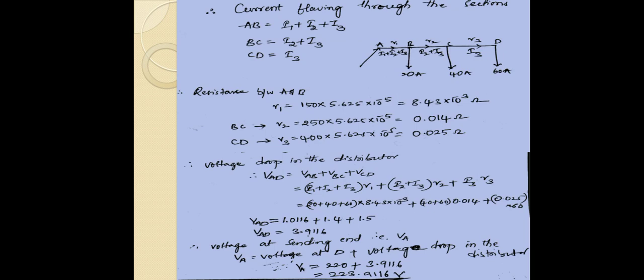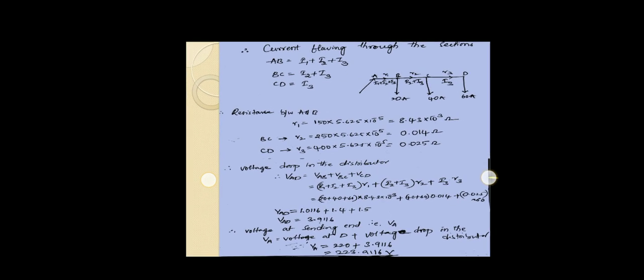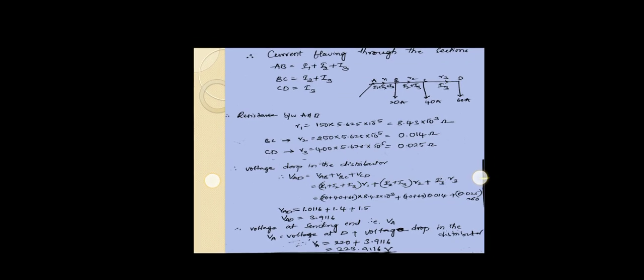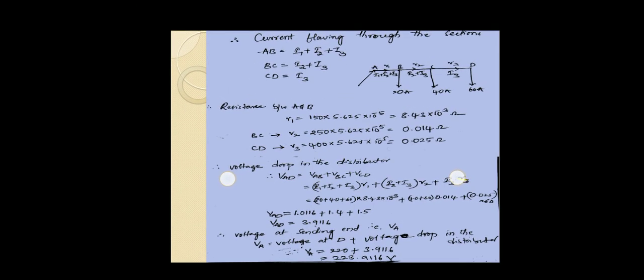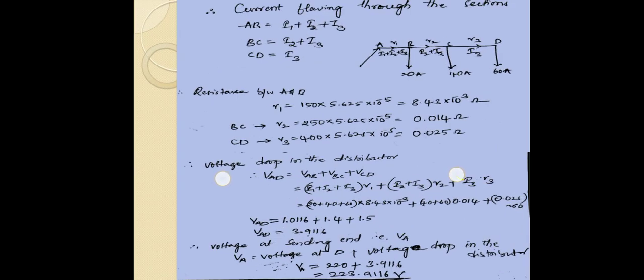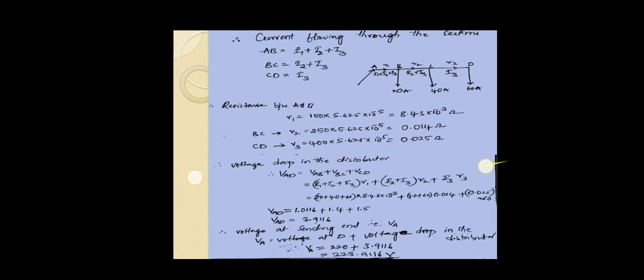Substituting the values: (20 plus 40 plus 60) into 8.43 into 10 to the power minus 3, plus (40 plus 60) into 0.014, plus 0.025 into the total current I3, that is 60. Simplifying the calculations, we get VAD as 3.966 volts. This is the total voltage drop across the distributor.